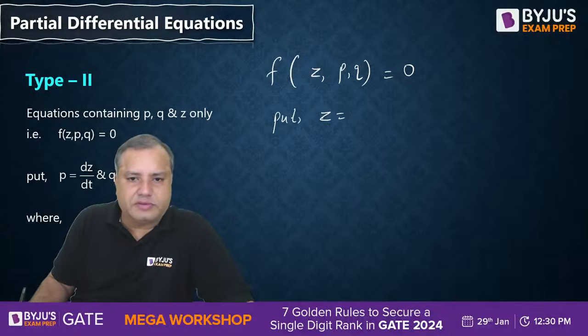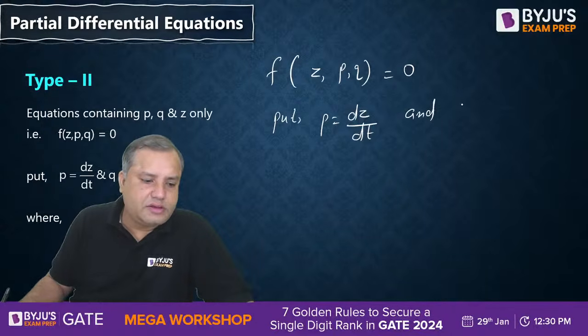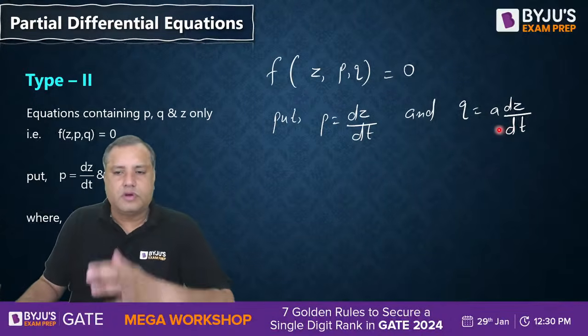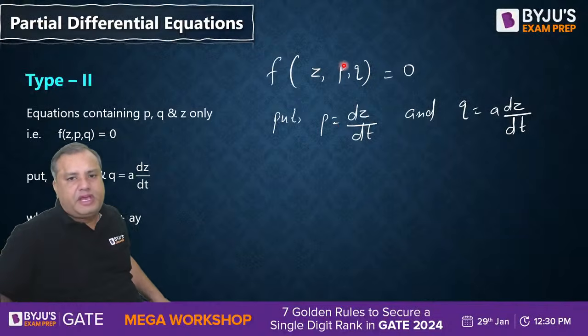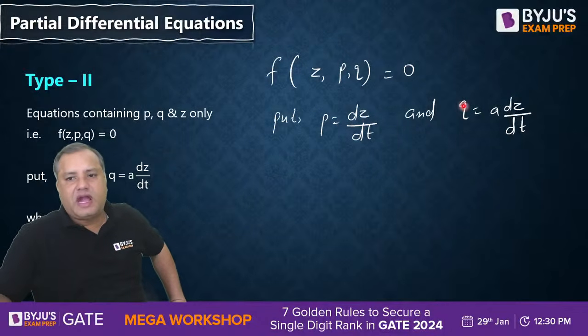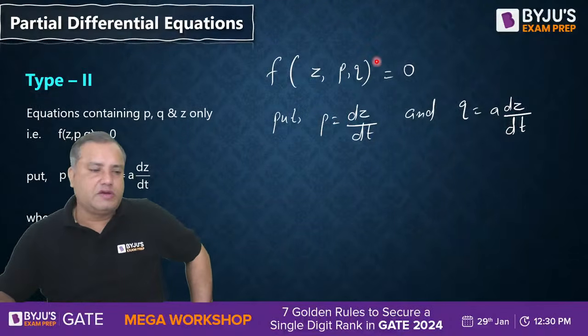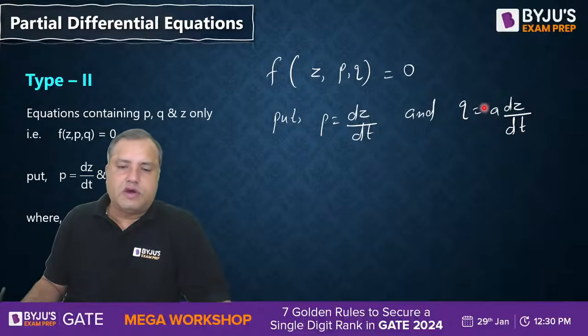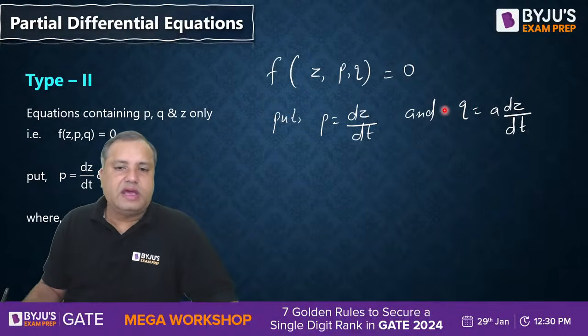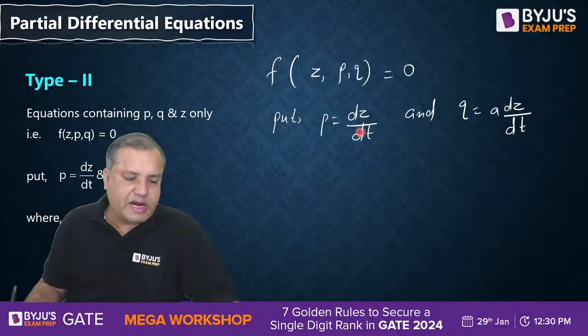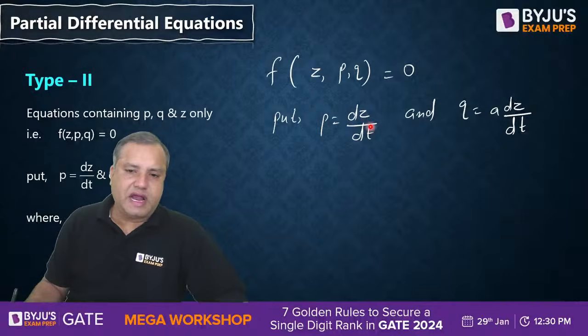You have to substitute p equal to dz by dt and q equal to a dz by dt. Once you do this, you will be getting a simple differential equation in z and t.